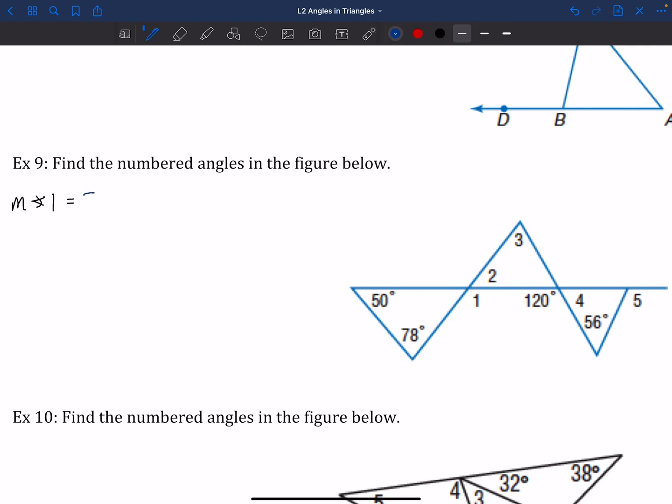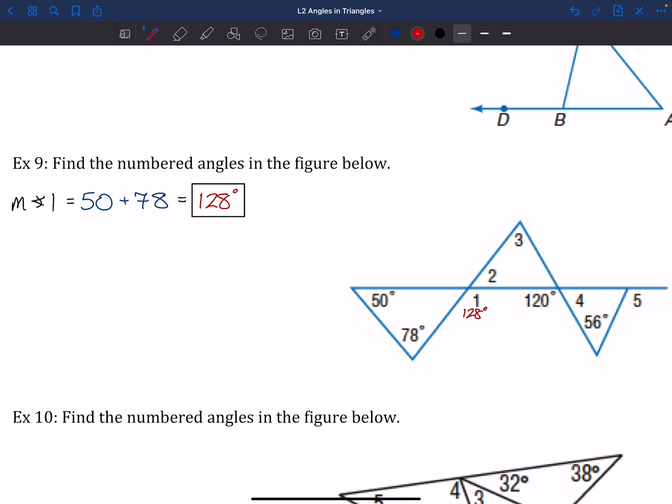I've got 50, I'm going to add 78 to it, and that's going to give me the measure of angle 1. So 50 plus 78 is going to give me 128 degrees. All we did was use the same property that we were using on the last several problems, and that helped us figure out that angle 1 is 128 degrees down there.